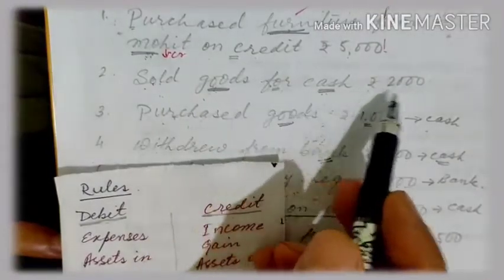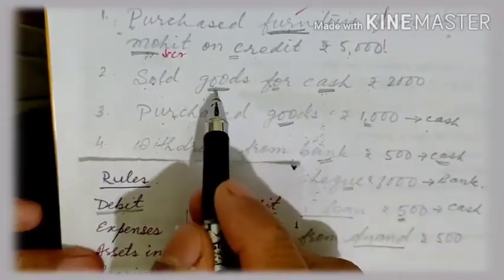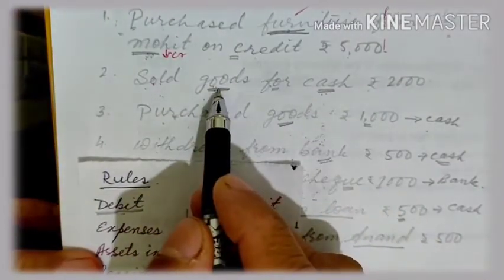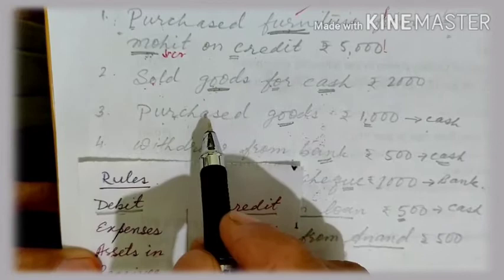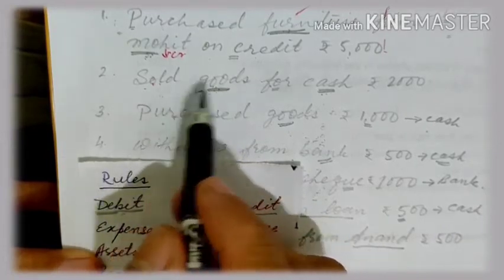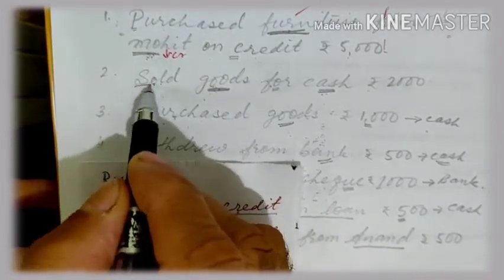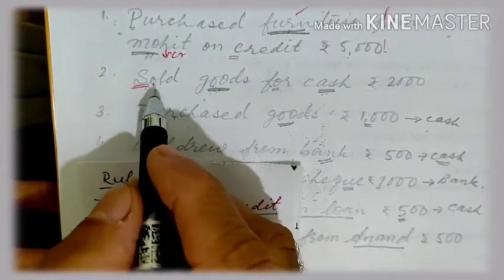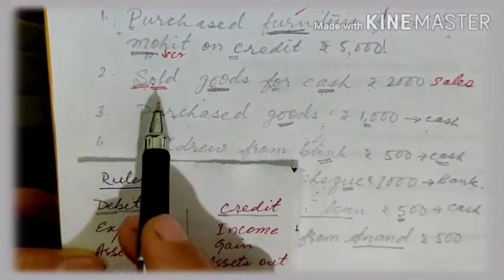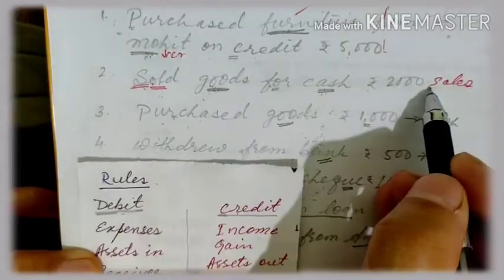Sold goods for cash rupees 2000. Now when there is goods, we will not use the word goods in journal. We will either use sales or purchases depending on the terms used with goods. Now in this case the term used is sold, so we'll use the word sales. Here we have two accounts, sales and cash.